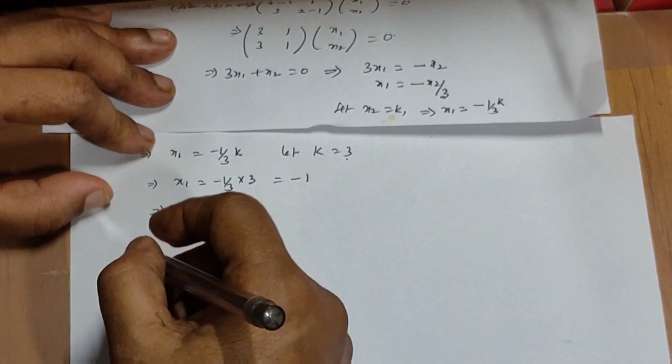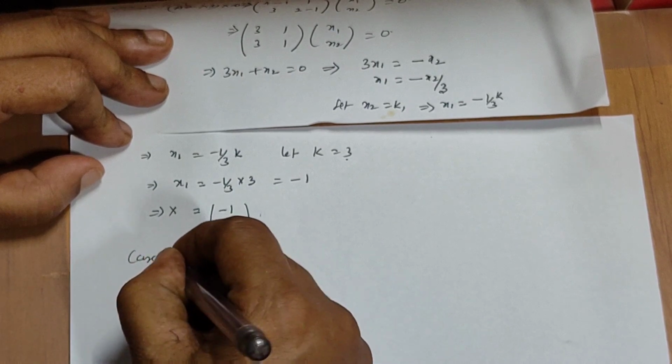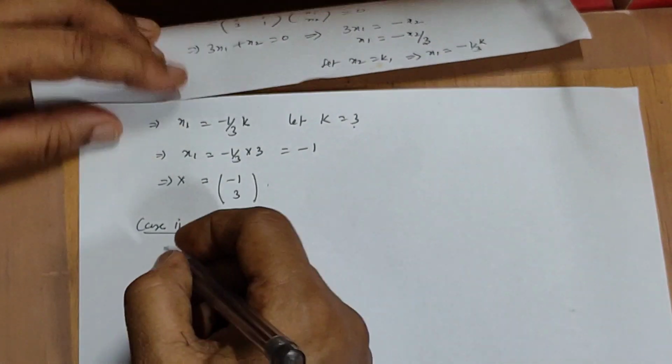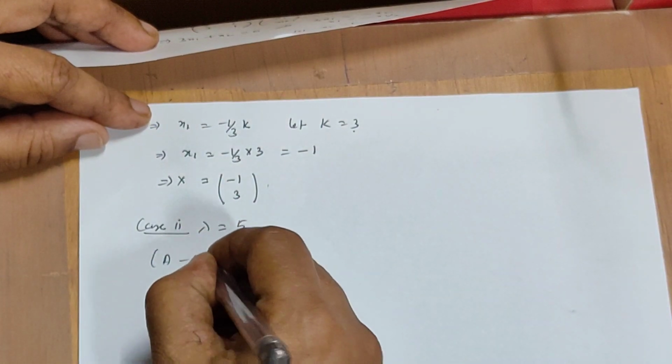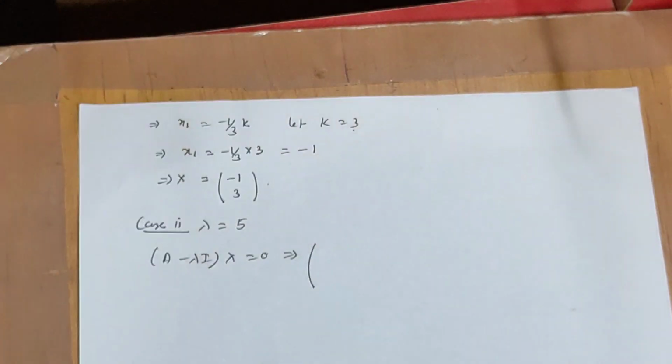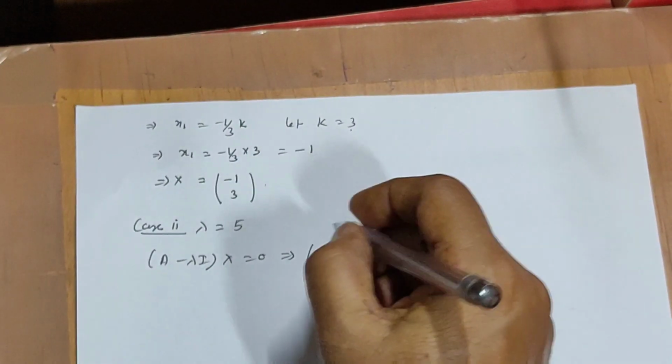Now in the next one, let's take case 2. Our lambda is equal to 5. So (A minus lambda I) of x is equal to 0 implies your matrix A. Let's go back to our matrix.